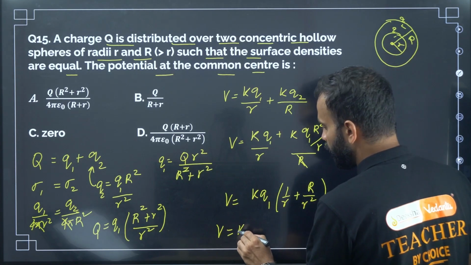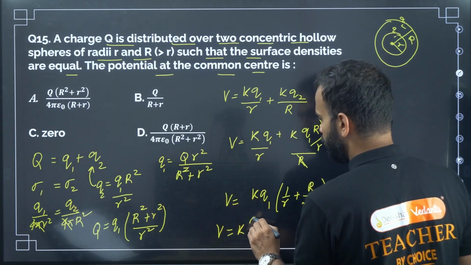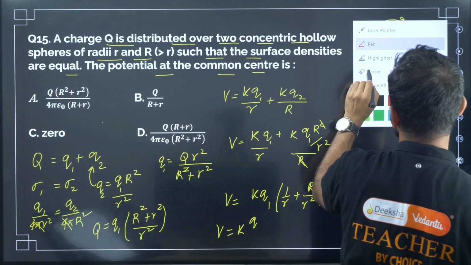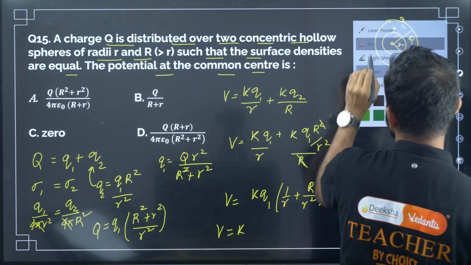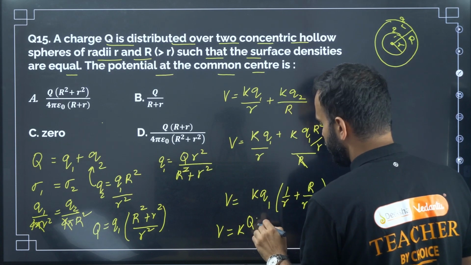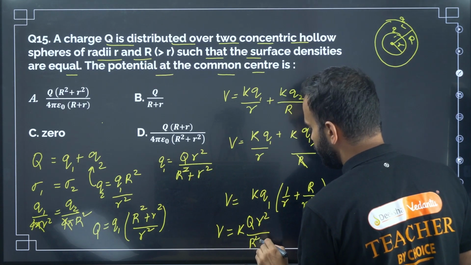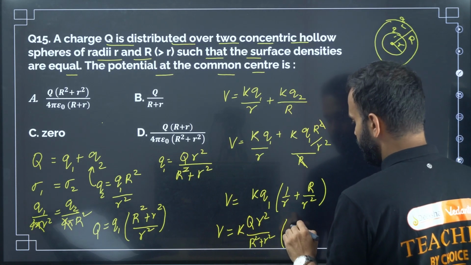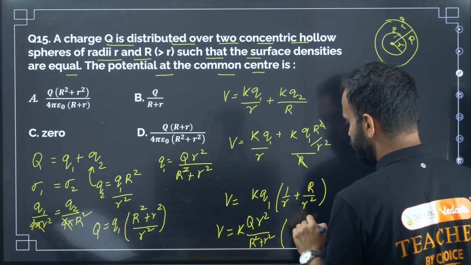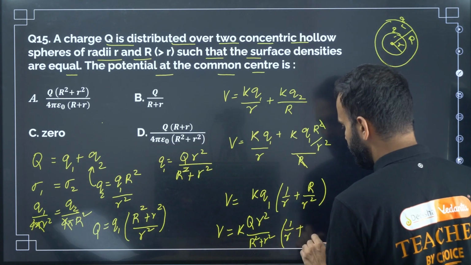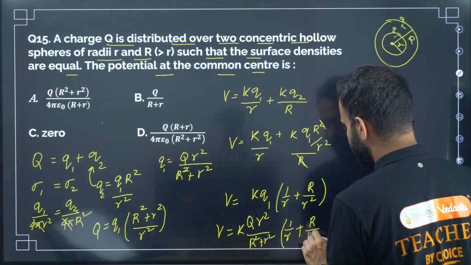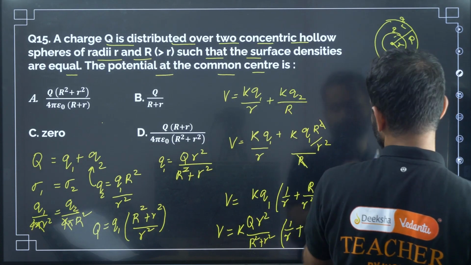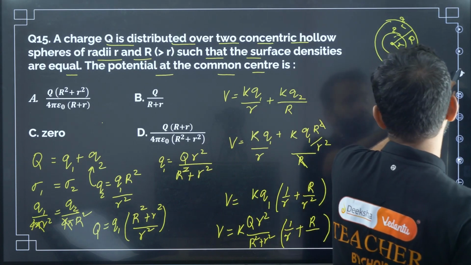Now K into Q1, that is capital Q into small r square divided by (r square plus R square), into 1 divided by R plus small r divided by capital R square.